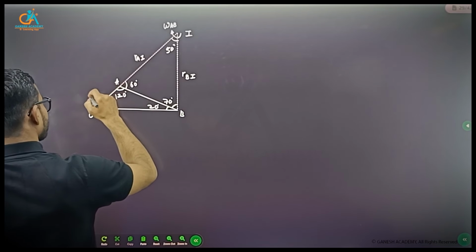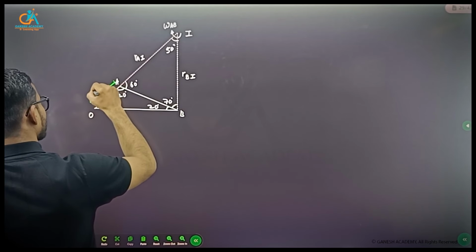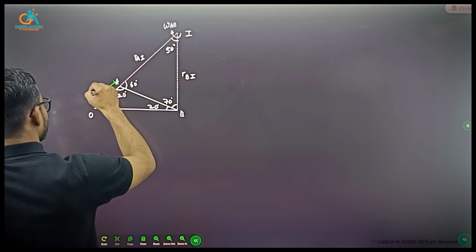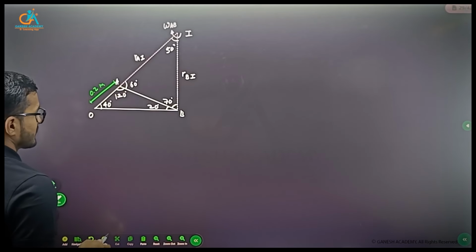This OA is 200 mm. That means 0.2 meter.